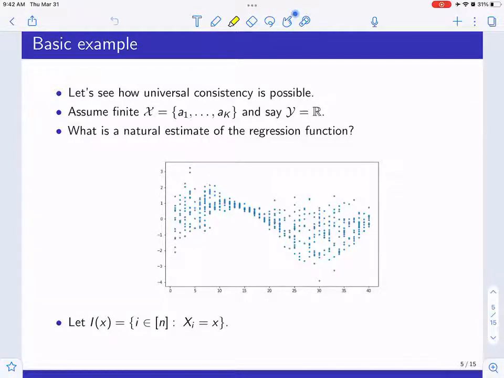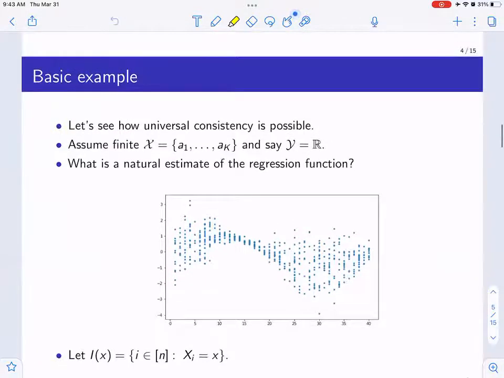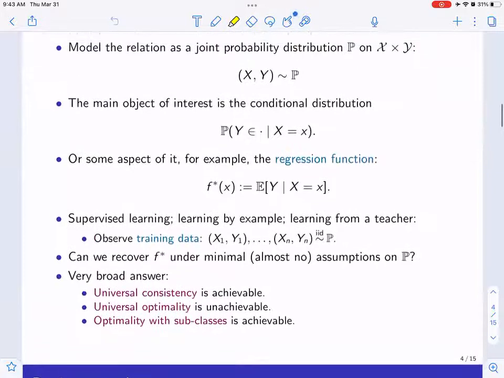We want to estimate the conditional mean of y given x, right? So for each level we go and take the average, and that would give us an estimator.